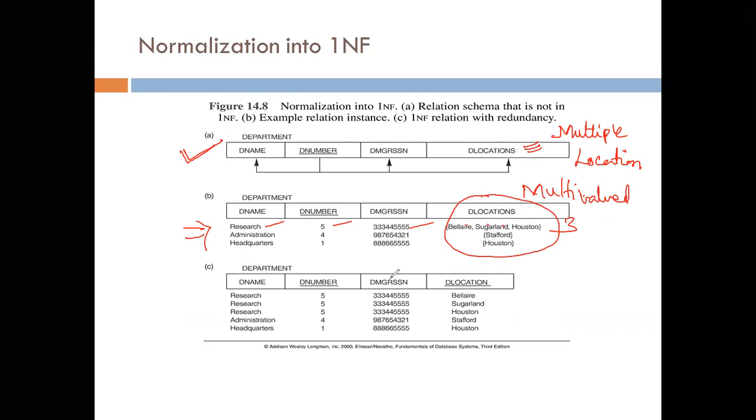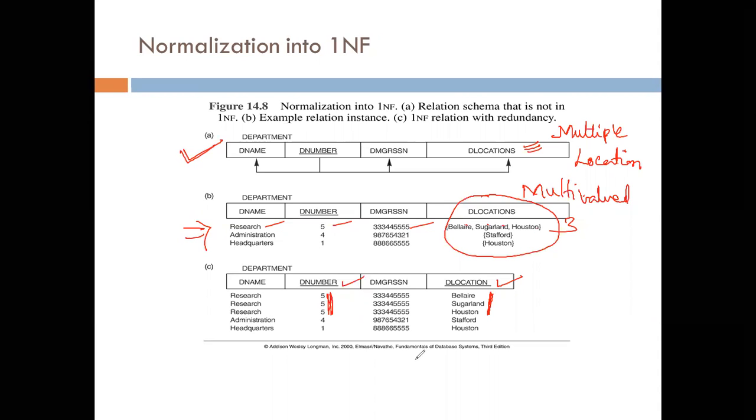So what is the solution for it? The solution is, you can store it like this, 3 times. If you observe here, it is repeated 3 times, and each time the location is different. But if we store it like this, we have to designate 2 attributes as prime, which means our primary key will now be a combination of 2 things: department number and department location.